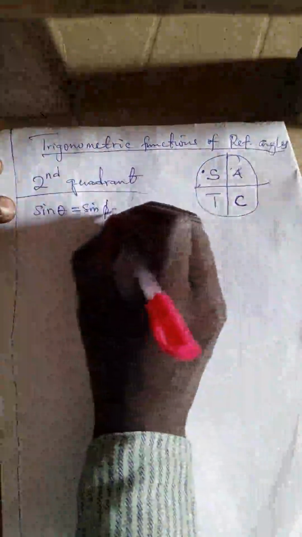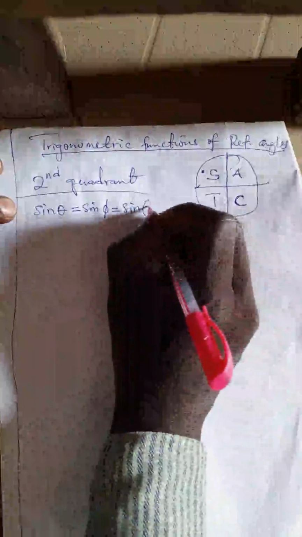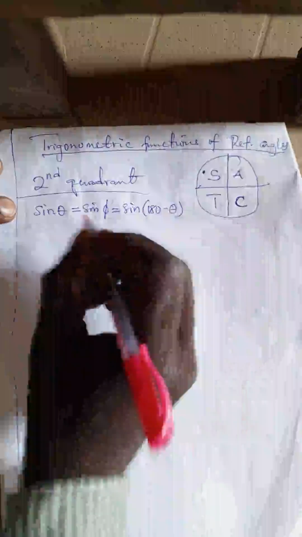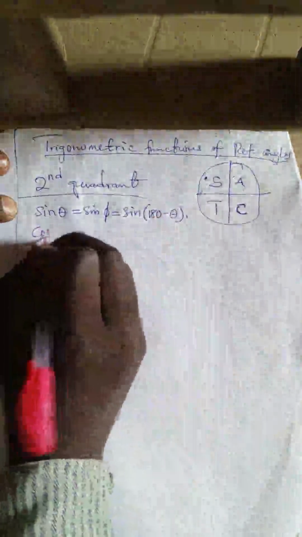Of course, when we talk about the reference angle, phi, this is equal to sine, what is the reference angle? It's 180 degrees minus theta, and that is the reference angle, that is phi. So because everything is positive, we have to accept sine is always positive here. But what about the cosine?